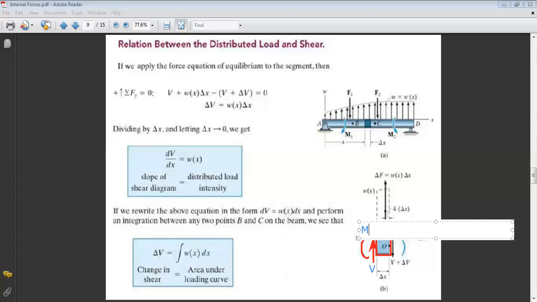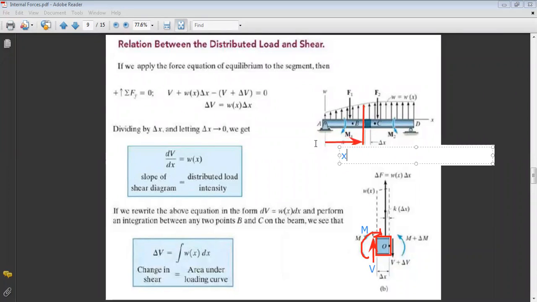And of course, since I am cutting at any location X, as you can see here, I did the first cut at a distance X. So the distance here from the beginning of the beam until my cut is X. And for the second cut, I just took a very small element.